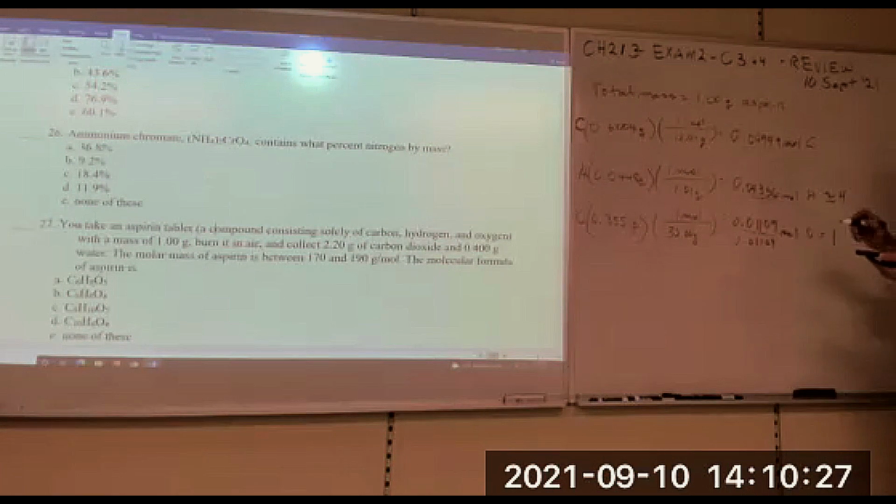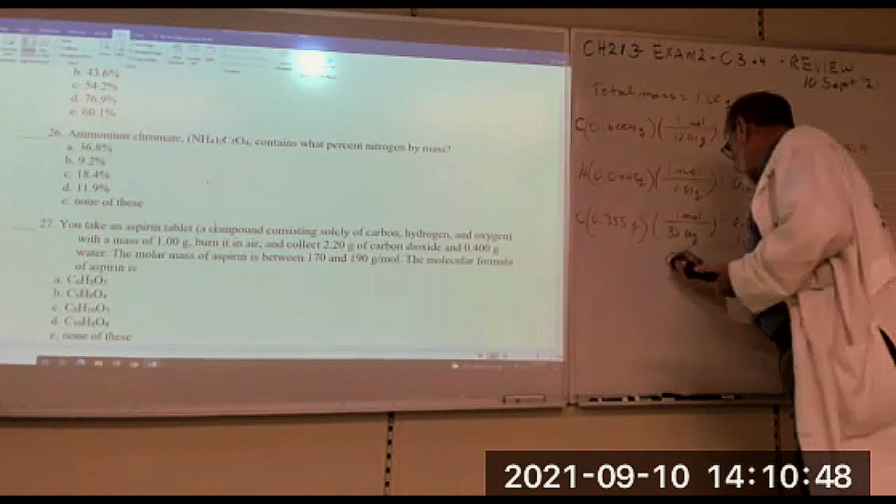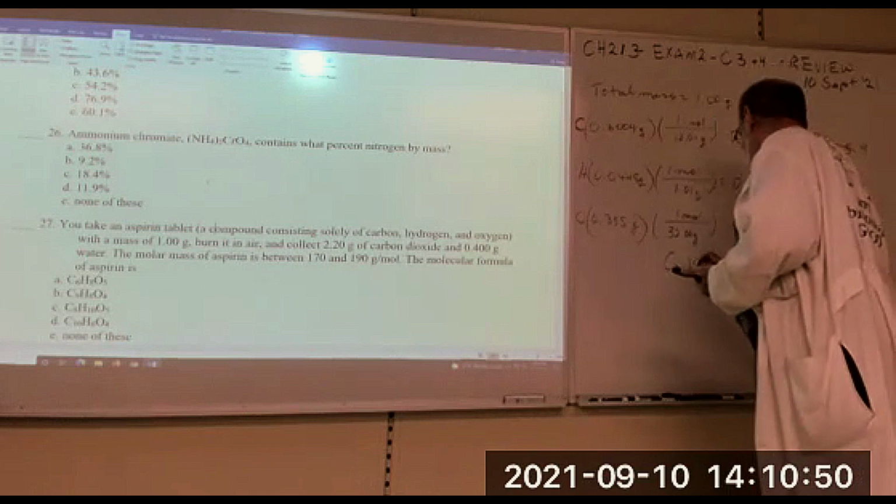Good thing I didn't do that in my head. 4.5. Okay, so we've got to get rid of that half. Multiply everything through by 2, right? So this becomes 2, this becomes 8, this becomes 9. So the empirical formula is C9H8O2.